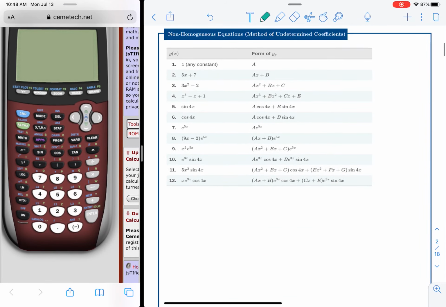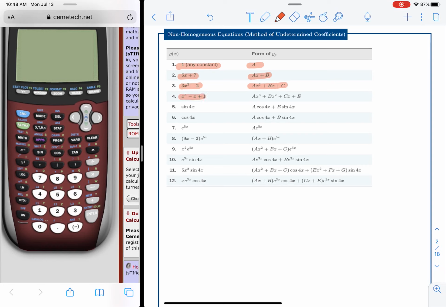So the table here summarizes all or most of the functions that we would encounter and the corresponding form of the particular solution. For instance, if the right hand side is just a constant, the form has to be a. If it is a linear function, we say it is ax plus b. If it is a quadratic function, the right hand side g of x, then we use ax squared plus bx plus c.